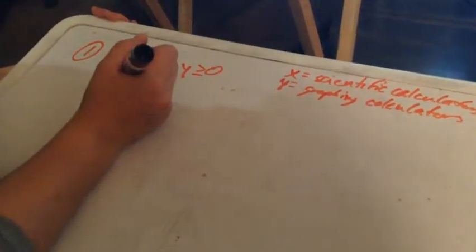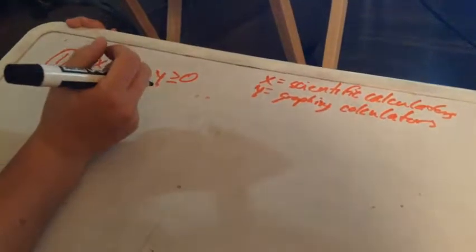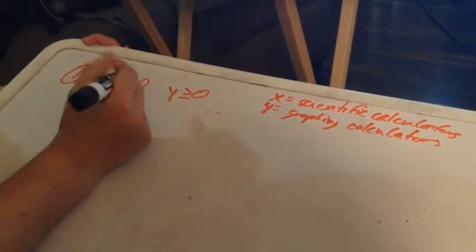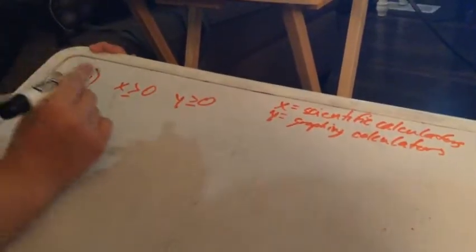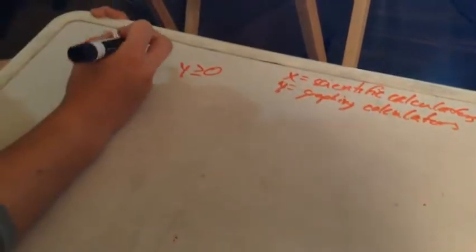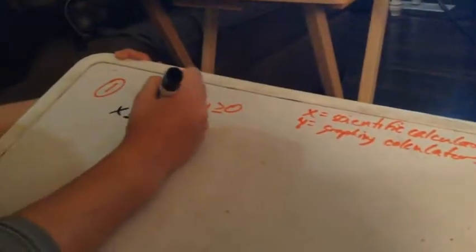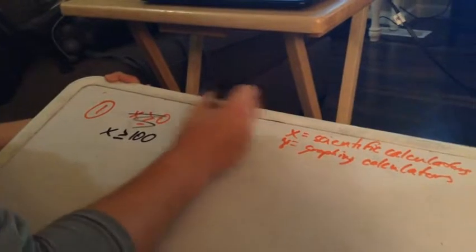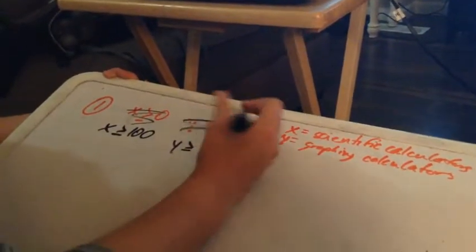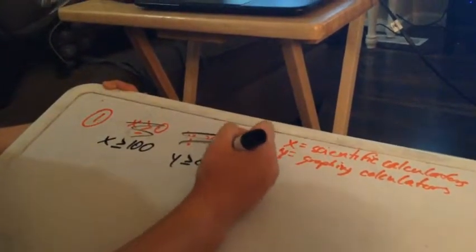Okay. So we have to keep in mind, though, the problem says that it has to be at least 100 scientific calculators and at least 80 graphing calculators.